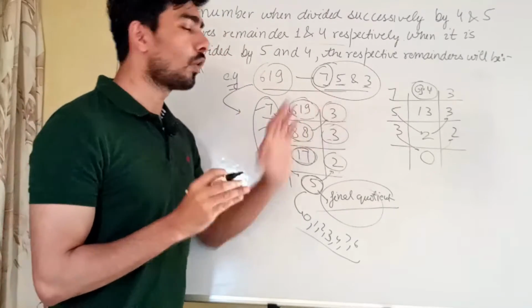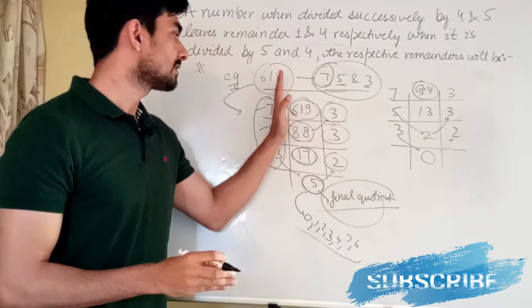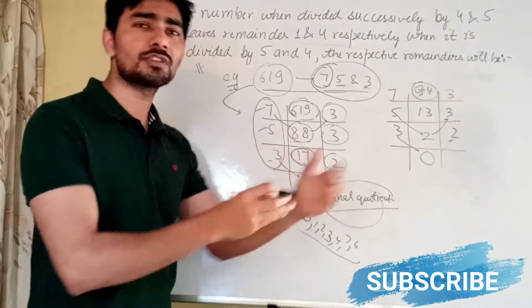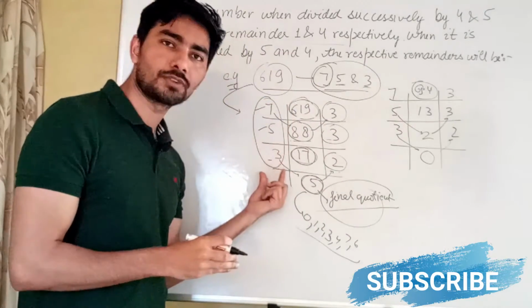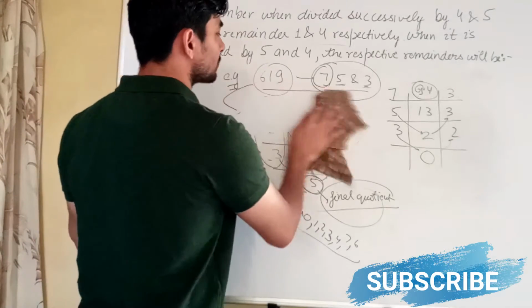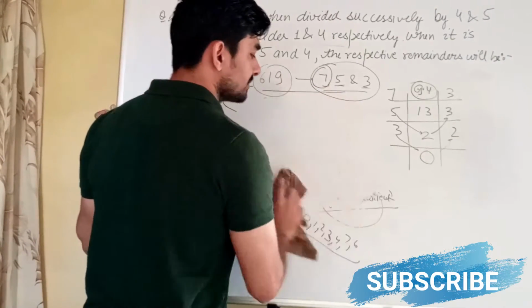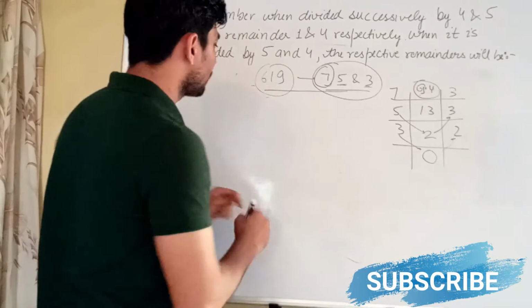So 619 is not the only number which will give 3, 3, 2 as successive remainders after dividing by 7, 5 and 3 successively. There are lots of numbers which will give the same successive remainders. So I have derived a formula to get all those numbers. What is that formula?